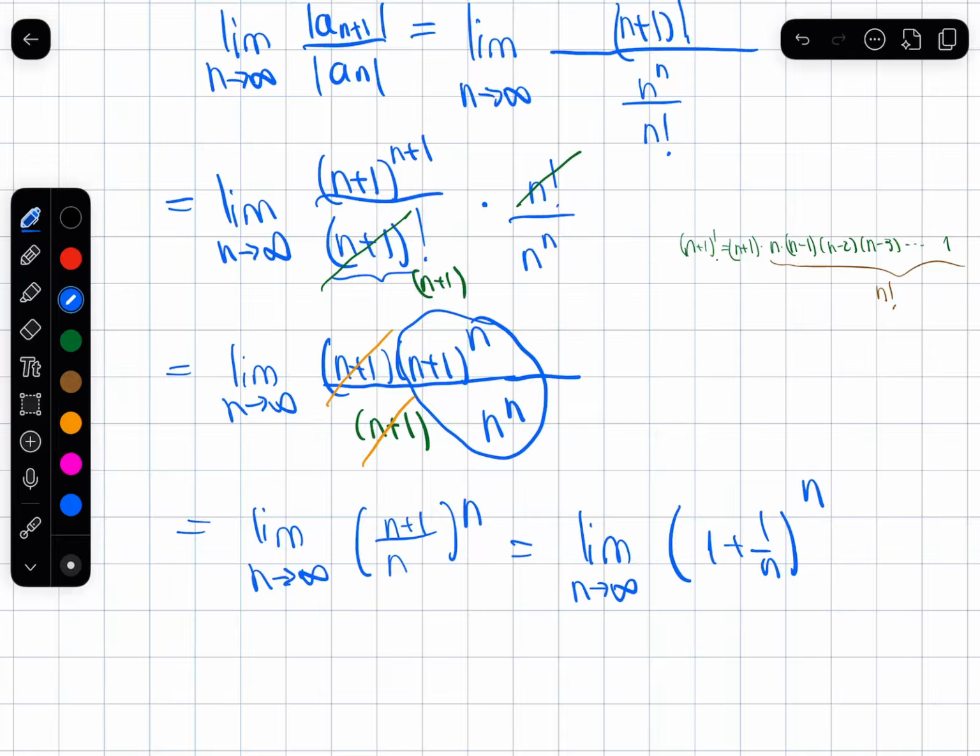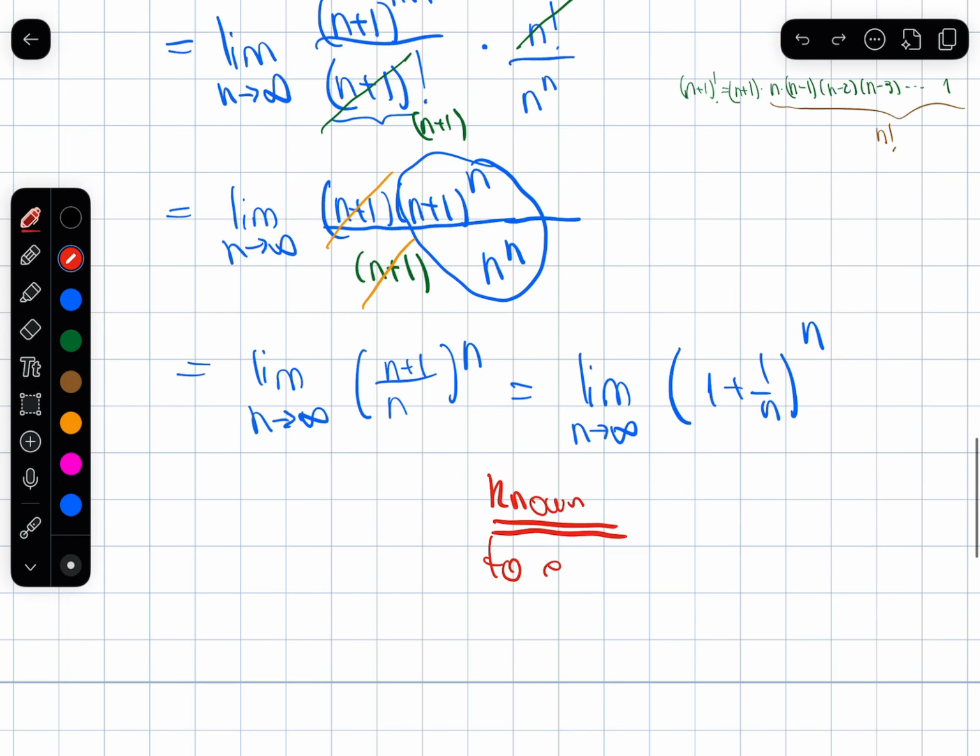This may seem like a difficult limit, but this is a known limit. This is known to be e, Euler's number. So this is e, which is greater than 1.